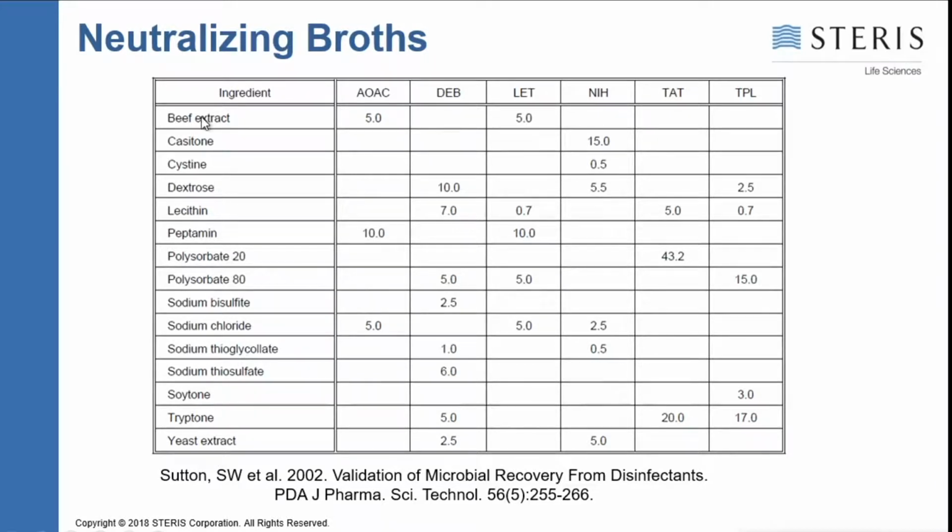So you'll notice as an example here, if I were trying to neutralize hydrogen peroxide, I don't have any catalase in there. So none of these neutralizing broths would work if you have hydrogen peroxide as an active. So you have to keep those things in top of mind.